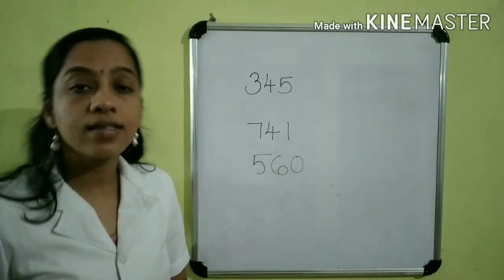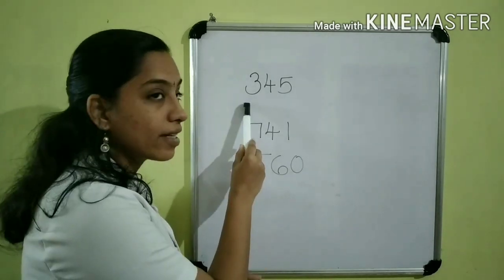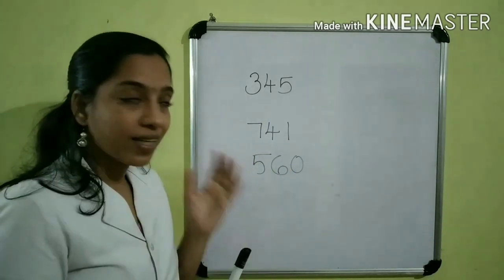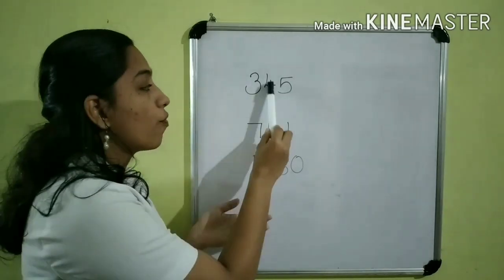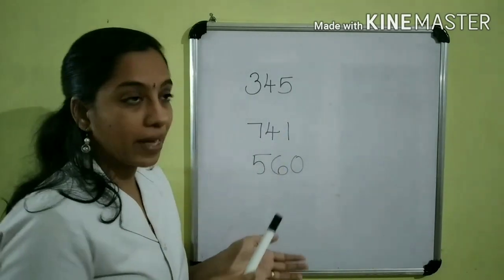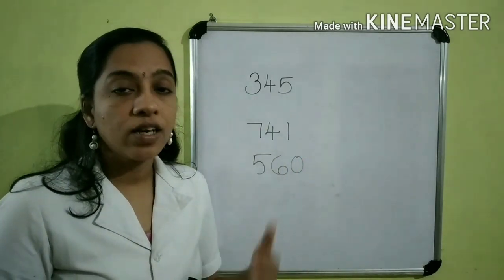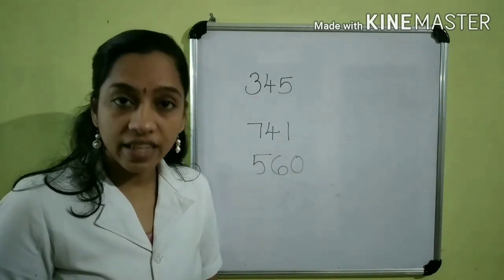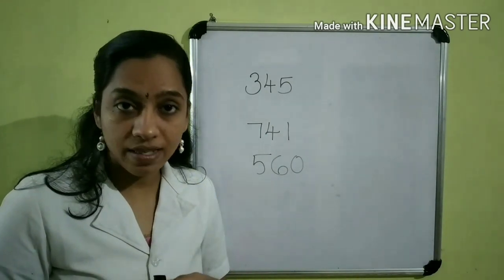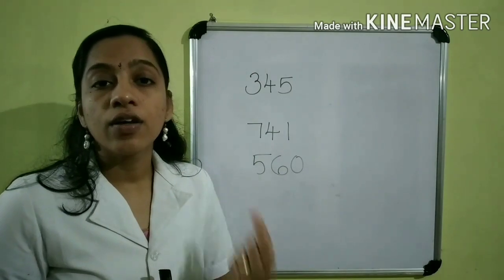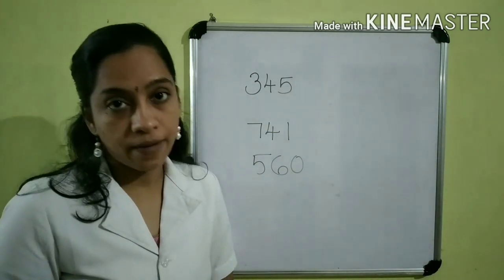Yes, let us read. The first one, 345. Here we can see 3 comes in hundreds place, 4 comes in tens place and 5 comes in ones place. We learned when we read a 3-digit number, first we have to read the hundreds place digit, then we read the tens and ones place digits together.